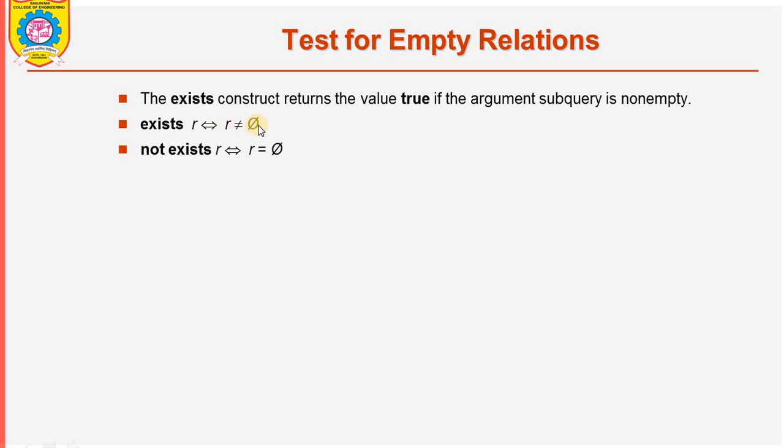Subquery is not empty, so it will return true to the outer query. So not exists will be the reverse of exists. Here if subquery is equal to empty set, meaning the subquery is empty, then not exists will return true to the outer query.